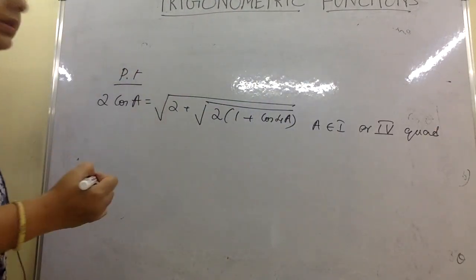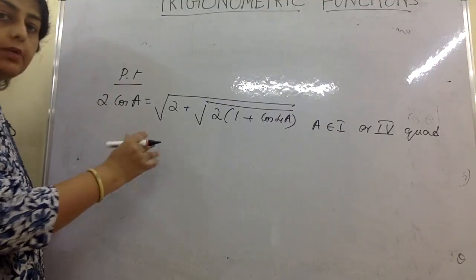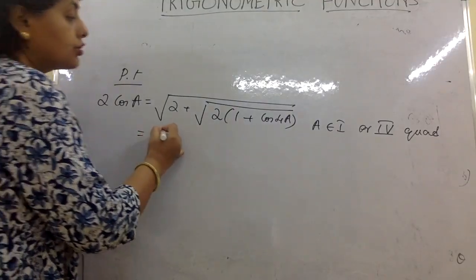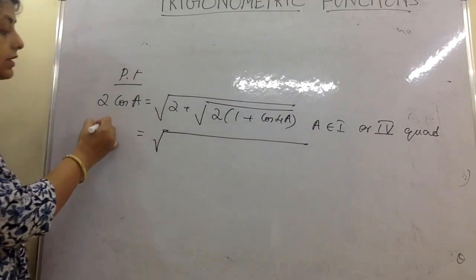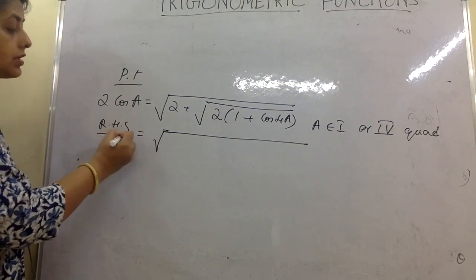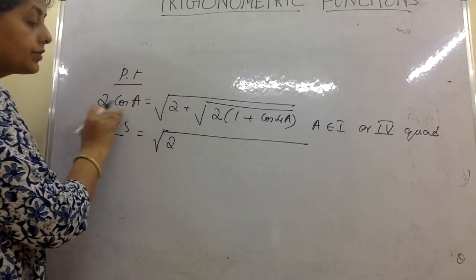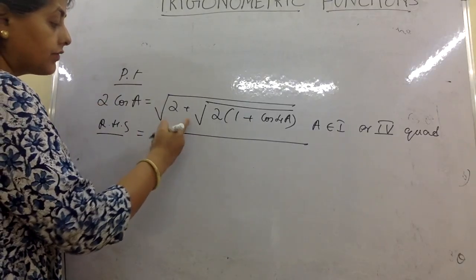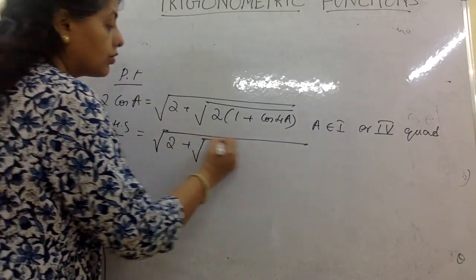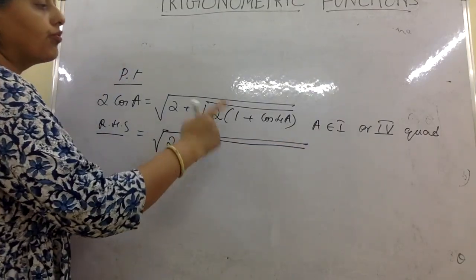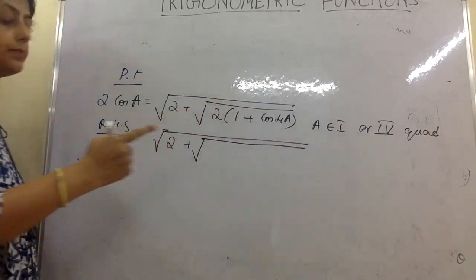Okay, here we have to prove this very important question. Okay, so first we will just write RHS and start. We'll not try to do anything with this now. We'll start from this end. 2 plus root over 2, 1 plus cos 4A. Which formula?